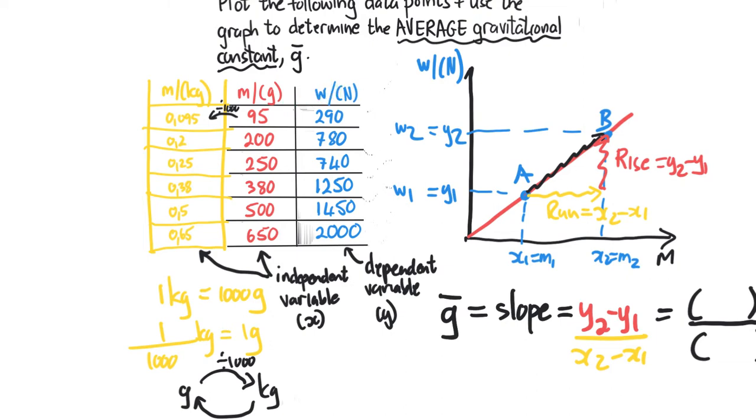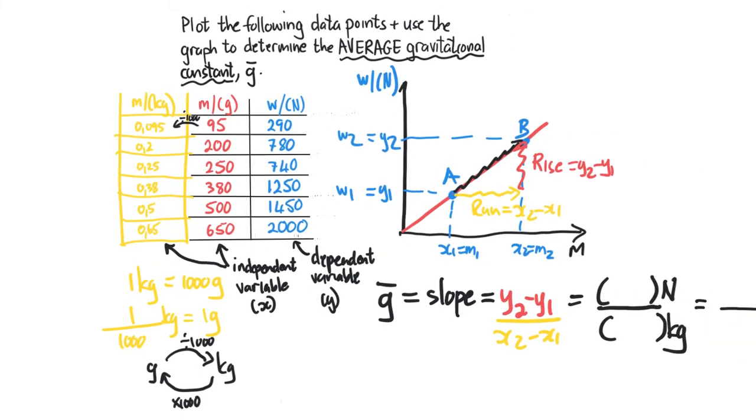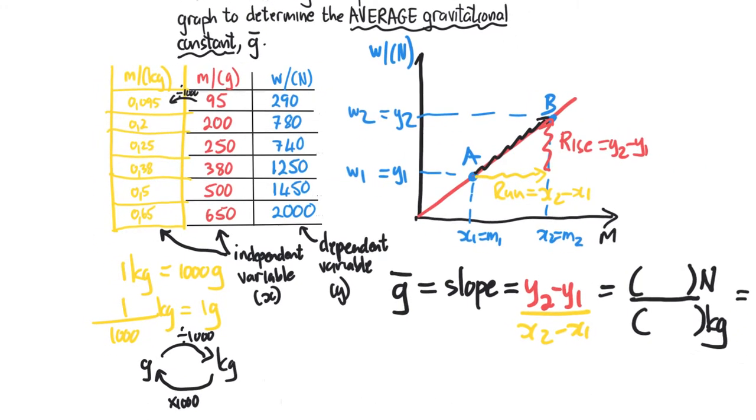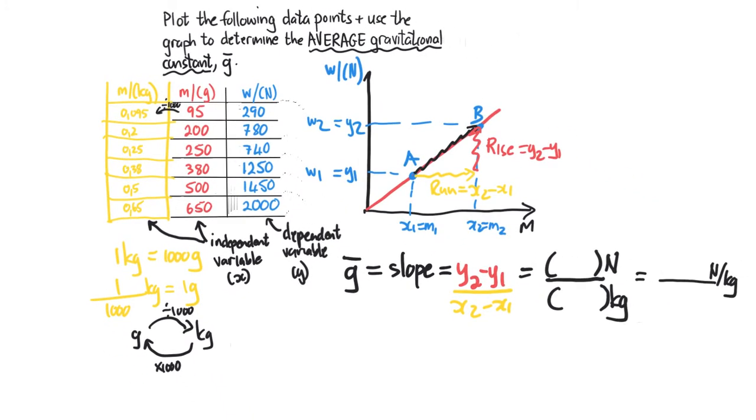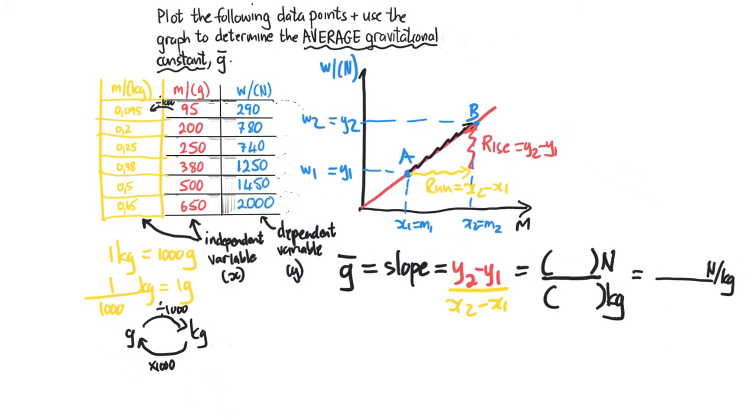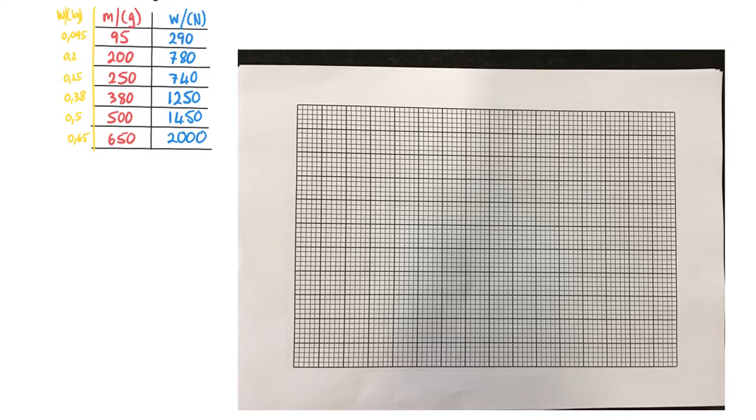So now let's move on to us actually physically plotting this data and then determining the average gravitational constant by working out the slope. So in your exam, you are going to be given a piece of graph paper that looks like this.